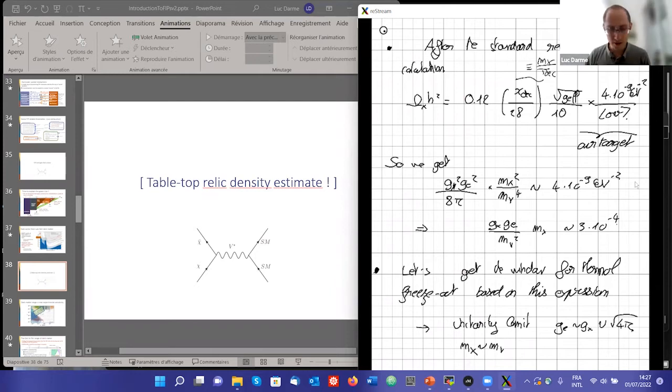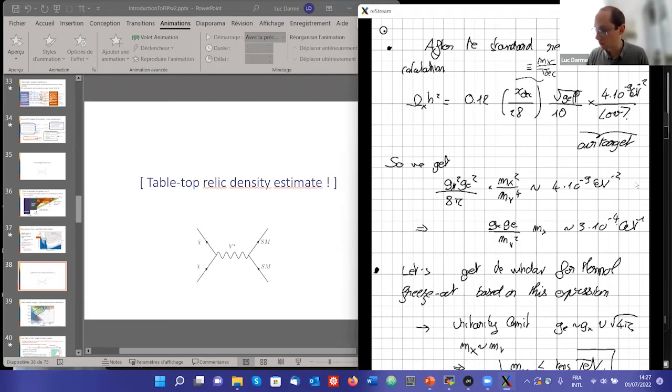And then you imply that typically m_chi has to be smaller than tens of TeV. You see, this is quite easy to see from this expression here. This was GeV^-1. Oops. So you just have to invert it. You see that you're typically around the TeV scale there. So if your couplings are bigger, you are able to push it a bit more, let's say to the tens of TeV. So this is the first limit.